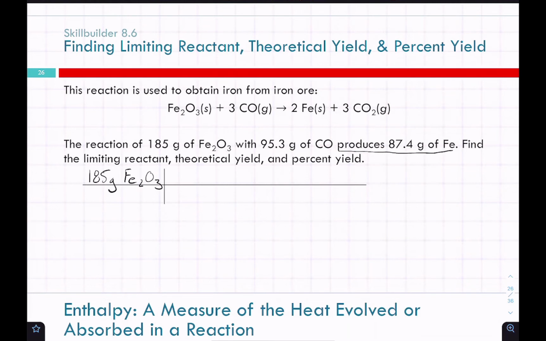So iron oxide, we need to find the molar mass. Iron is 55.85, and there are two of those. So 2 times 55.85. Oxygen is 3 times 16.00.